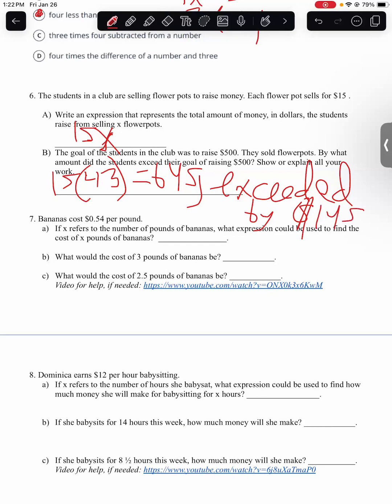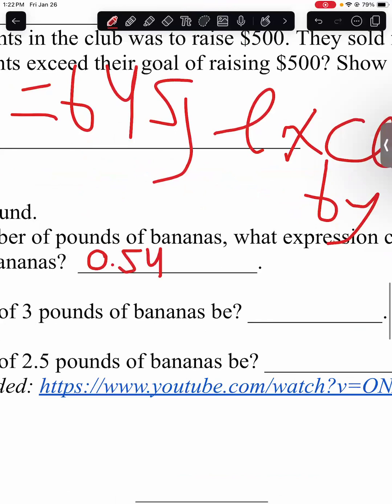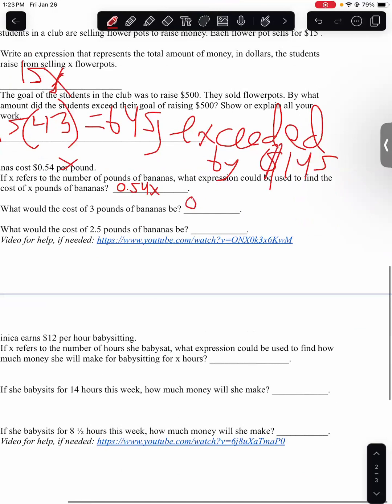All right, number 7, bananas cost 54 cents per pound. If X refers to the number of pounds of bananas, what expression would be used to find the cost of X pounds of bananas? So 0.54X, right? Now, what's the cost of 3 pounds of bananas? Well, it would be 0.54 times 3, right?